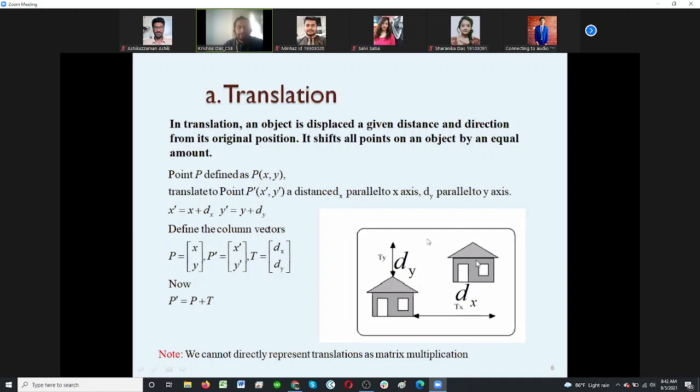If we apply that, then we get the new position of the object, which is P prime. If P prime has x coordinate x prime and y coordinate y prime, then x prime is x plus dx, and y prime is y plus dy. That is what we have seen.